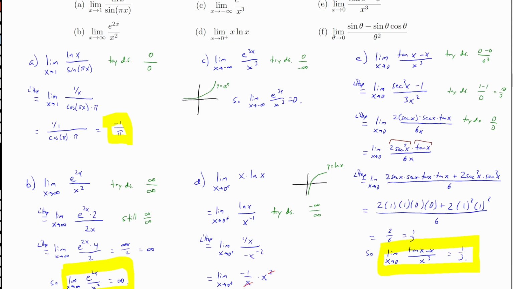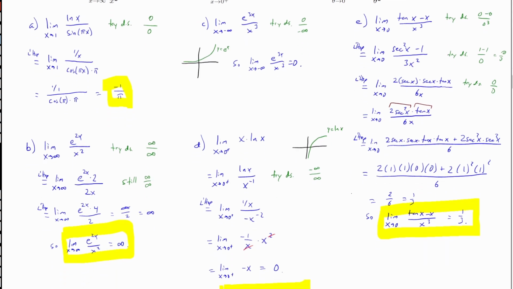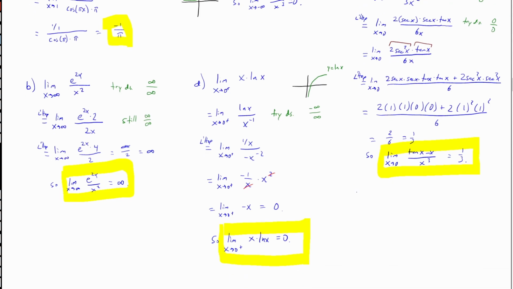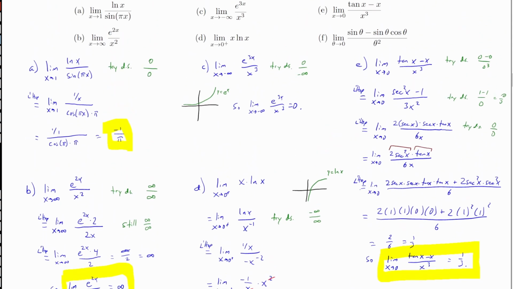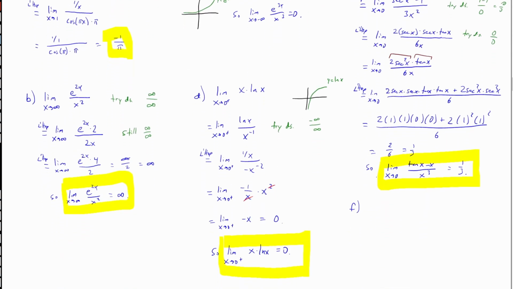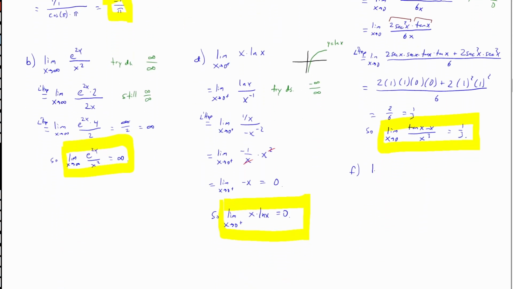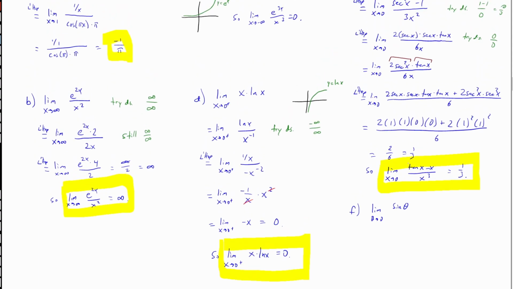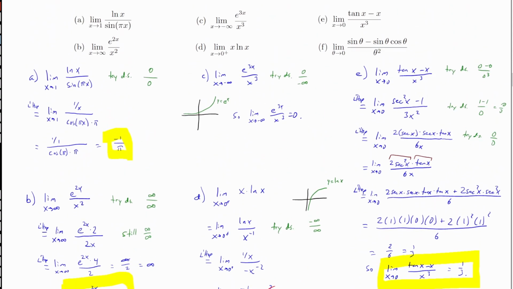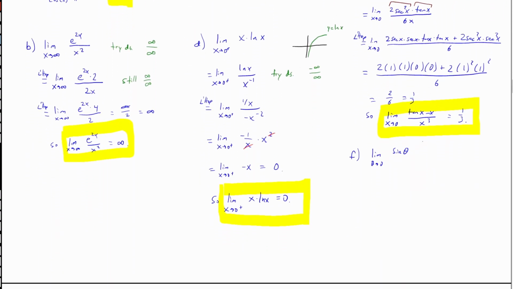One more. We want the limit as theta goes to 0 of sine of theta minus sine theta cosine theta all over theta squared.